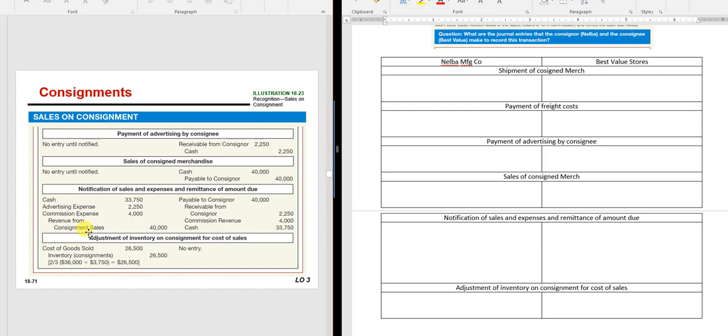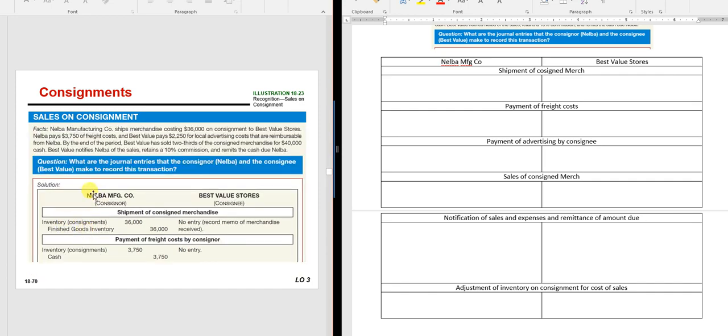So the consignor, Nelba, you've got these right over here. Shipment: they're going to debit inventory of consigned goods and take it out of finished goods inventory. Why are they doing this? All they're doing is separating it on their financial statements, so I know how much inventory I have out there on consignment. So I'm taking it out of my normal inventory to put it in consigned inventory.